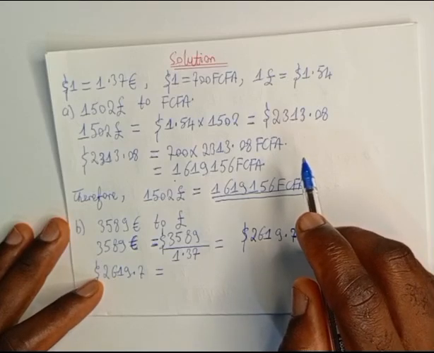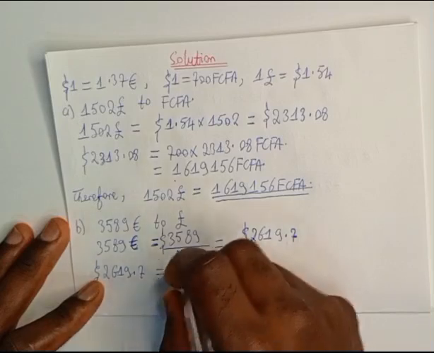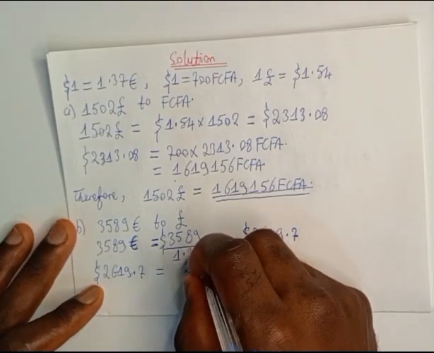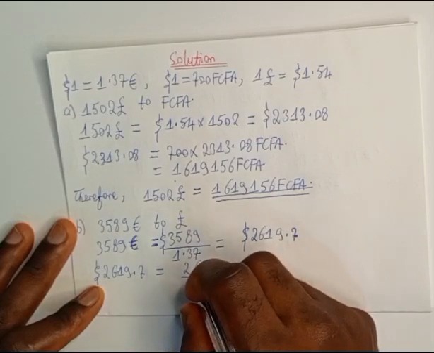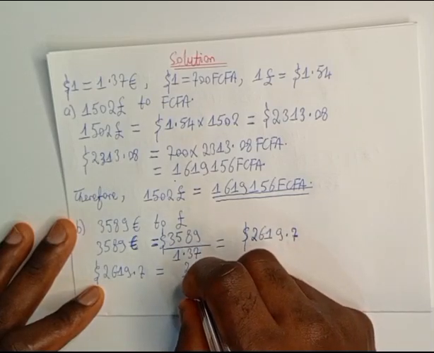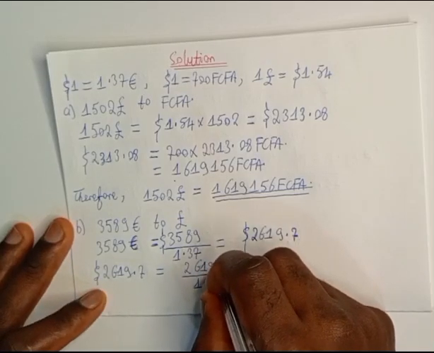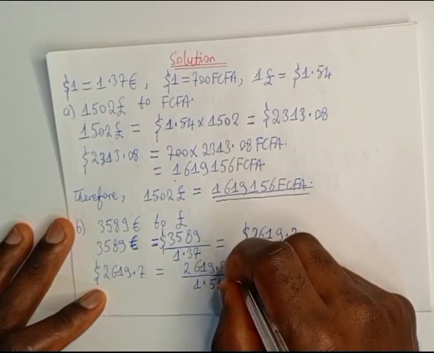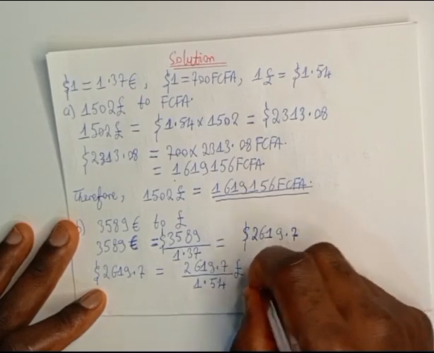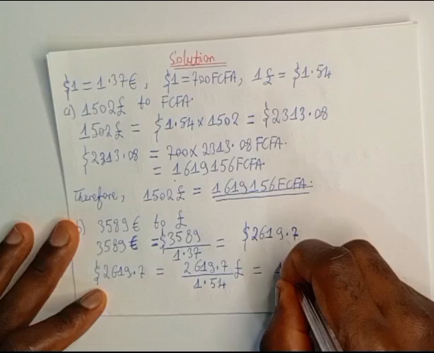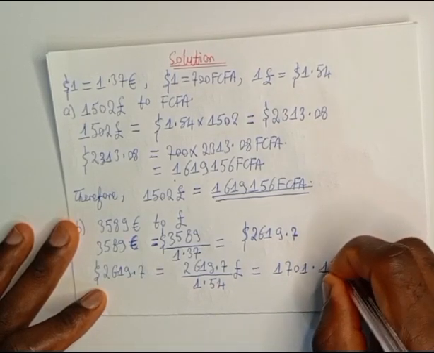For us to perform this conversion, we are simply going to divide this amount 2,619.7 by the exchange rate from pound to dollars, which is 1.54. The currency here will be the pound, and this will simply be equal to 1,701.1 pounds.